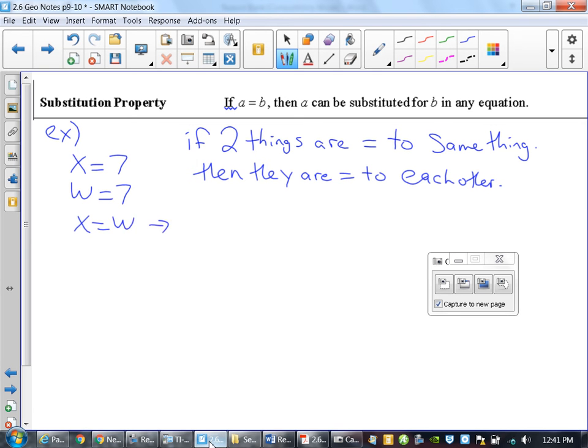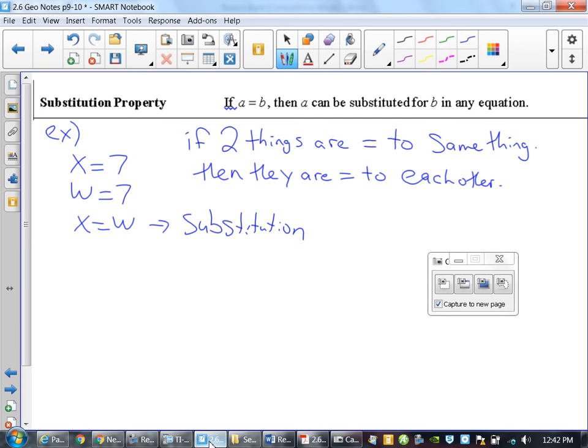And my reason would be, not definition, substitution. Okay? So anytime you're replacing something with something else, when two things equal the same thing, those two things are equal because of this rule called substitution.